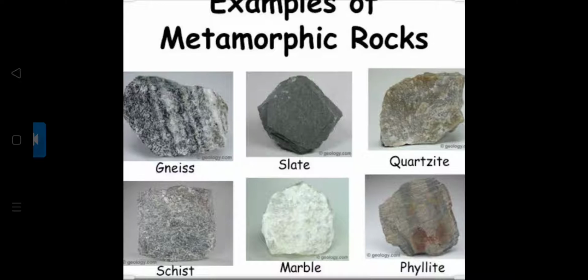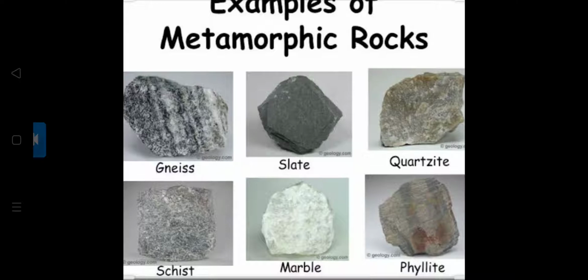Now I'm repeating this. The original rock was granite. The metamorphic rock we get from granite is gneiss. The original rock is basalt. We get schist. The original rock is sandstone. The metamorphic rock we get from sandstone is quartzite. The original sedimentary rock is limestone. What we derive from that as a metamorphic rock is marble.